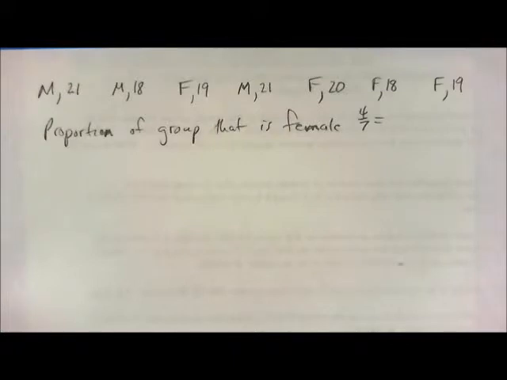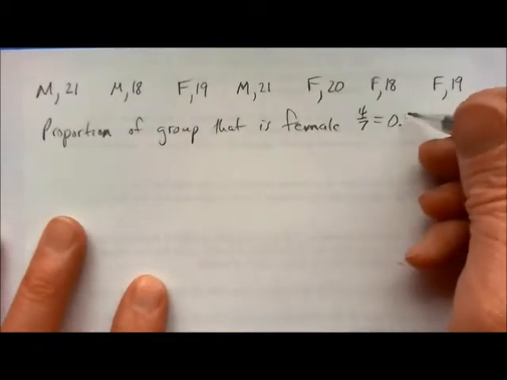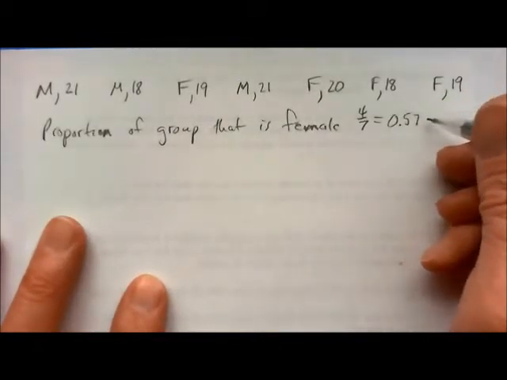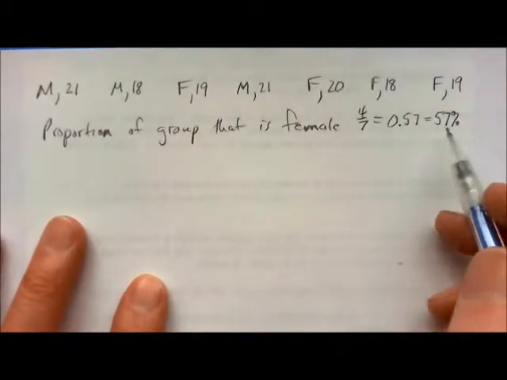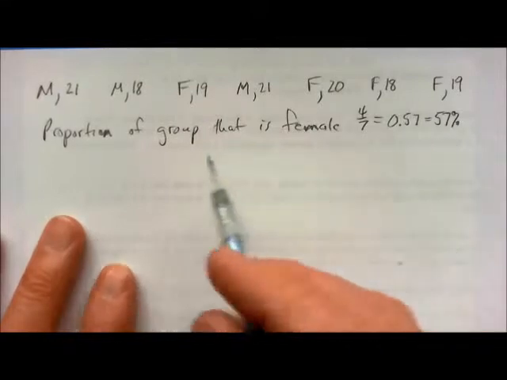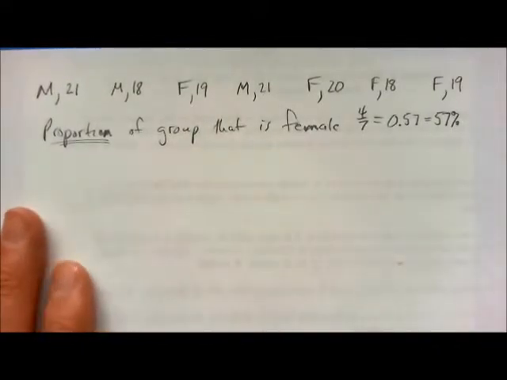So as I do that, I got 4 divided by 7 equals 0.57, or 57%. Okay, so that's what we're going to be talking about when we talk about a proportion. A proportion will generally show up in an estimate as a percent.